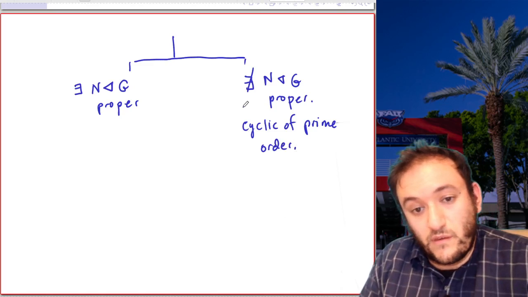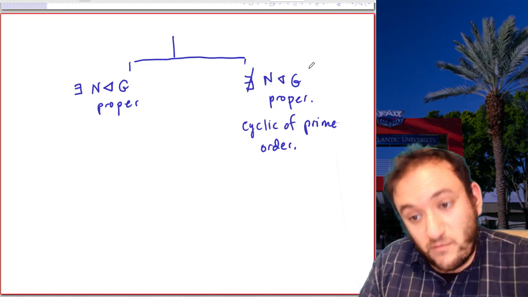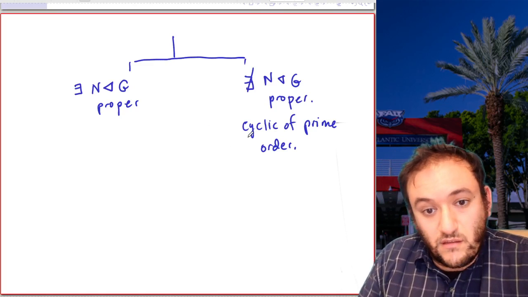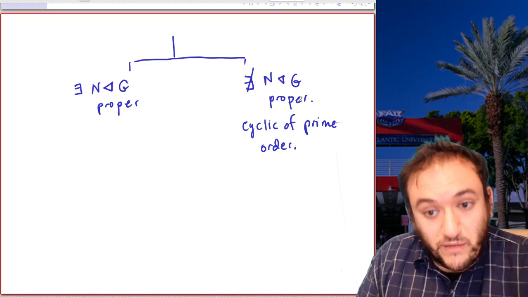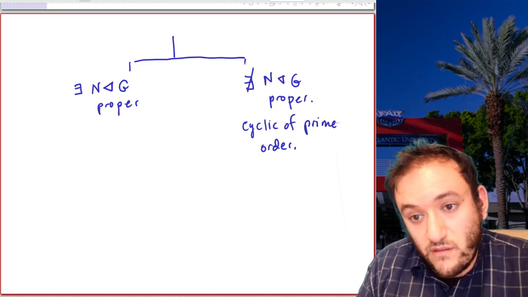If it's cyclic of prime order, we're done, because the prime dividing the order of the group is the order of the group, and we have a generator of the group. So this case is done.